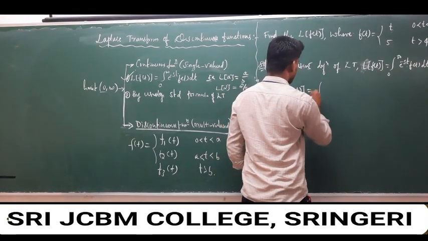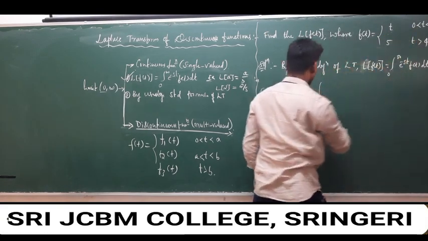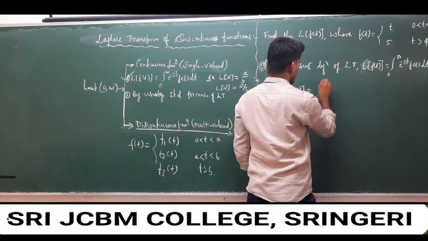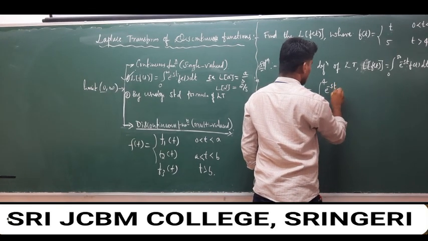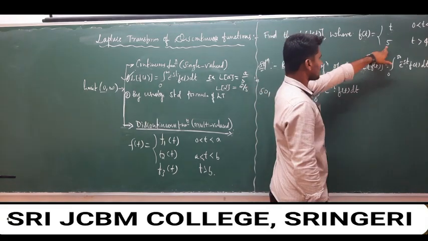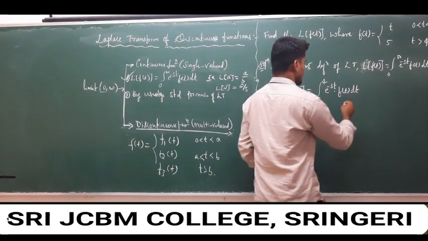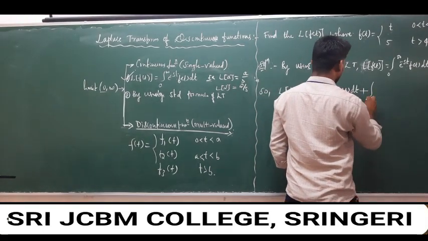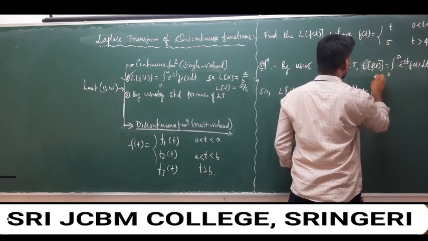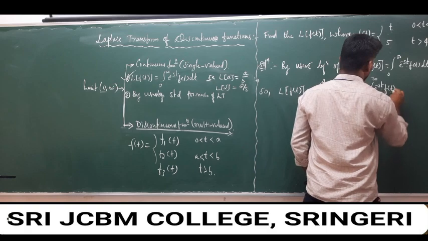First, f(t) equals t between 0 to 4, so the integral from 0 to 4 of e to the power minus st times f(t) dt, plus, where f(t) is 5 above 4, the integral from 4 to infinity of e to the power minus st times f(t) dt.